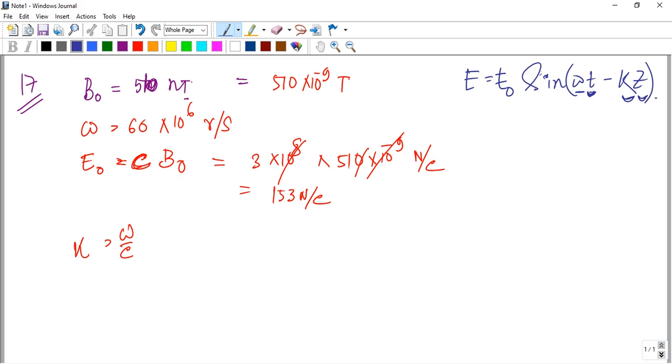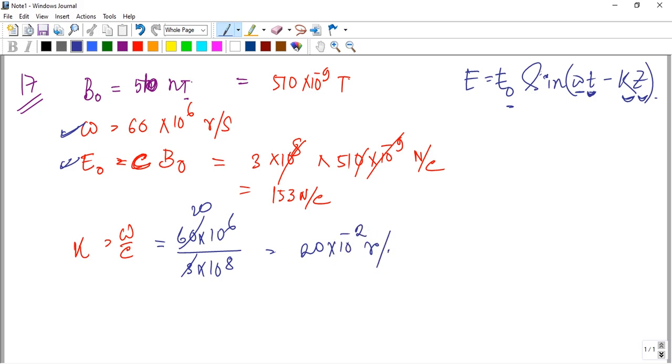Now we put in k; omega is given here, and E naught is also given, 153 Newton per coulomb. That is very important. K is omega by c, so omega is 60 into 10 to the power 6 divided by 3 into 10 to the power 8, so we get 20 into 10 to the power minus 2 rad per meter.